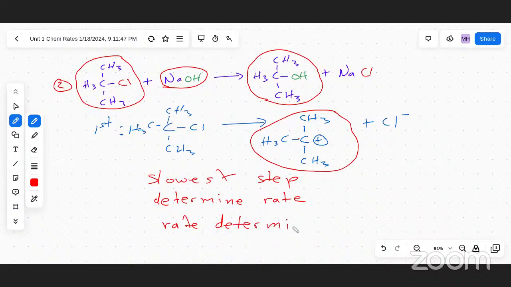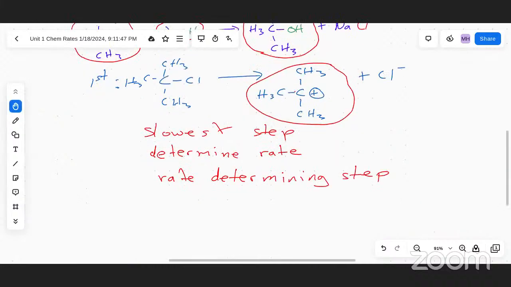Whenever we write a rate law, if you remember in our previous classes, we said that you cannot just determine the rate law from an equation.